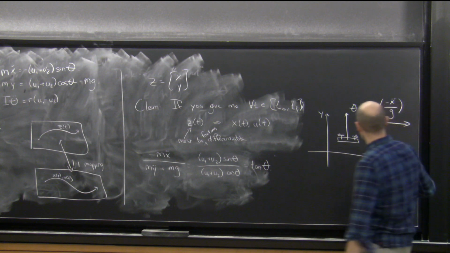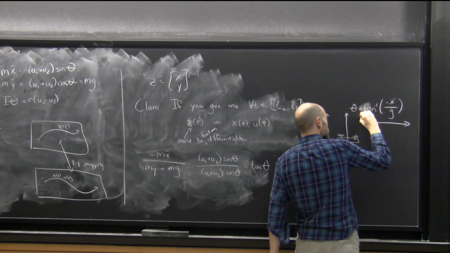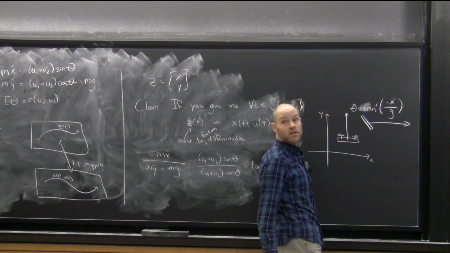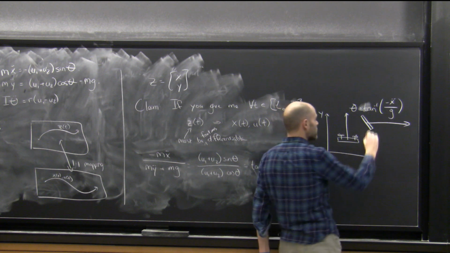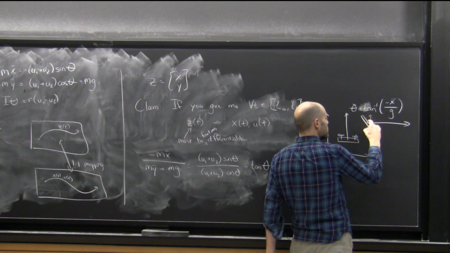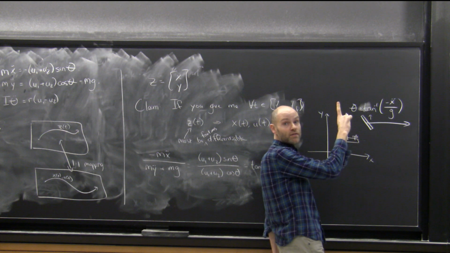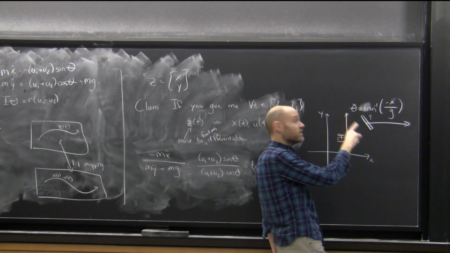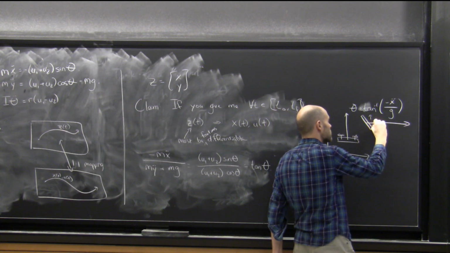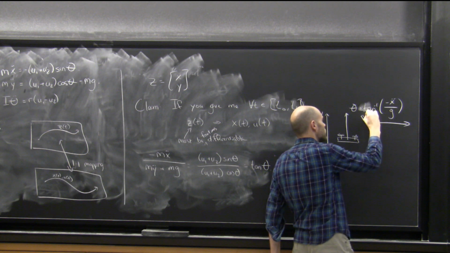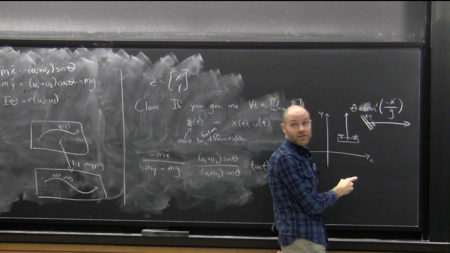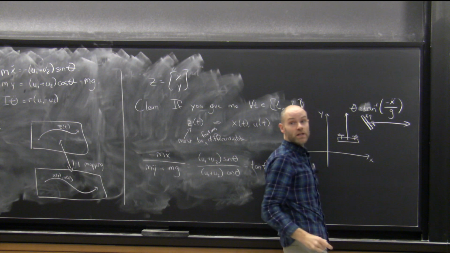So you're going to get a quadrotor that's sitting something like this, because it has to be able to produce enough vertical thrust to be fighting gravity in order to stay on that line, but enough horizontal thrust to be going at that desired acceleration.